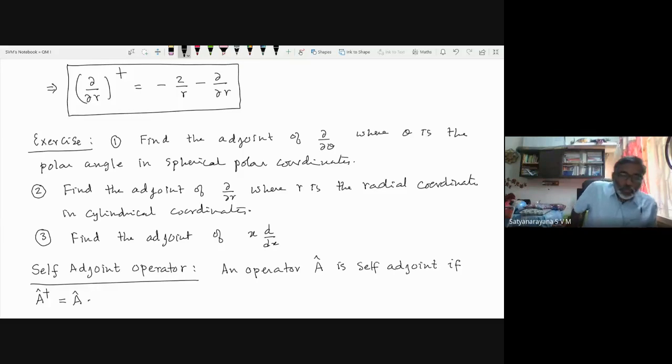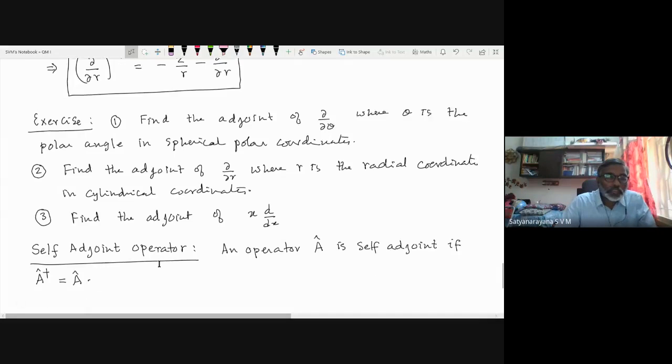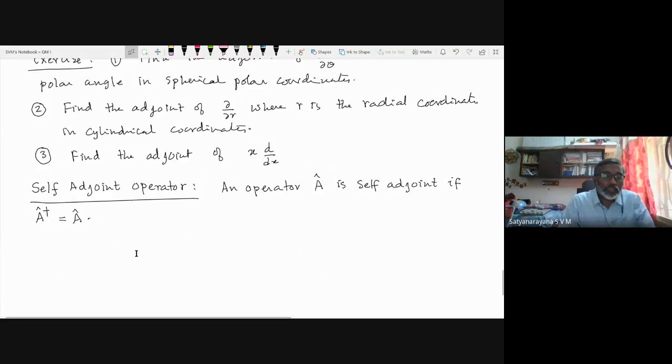Now, this has two parts. Okay, so please understand this. A dagger is equal to A. This implies this has two parts.